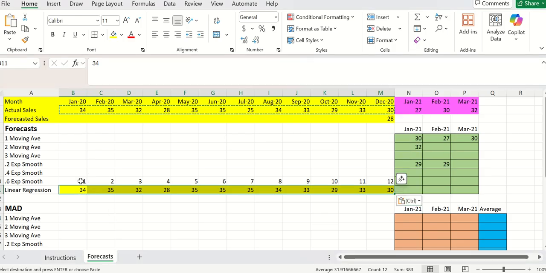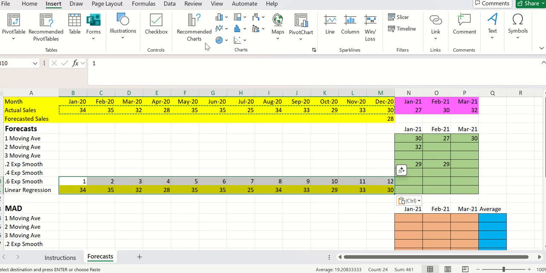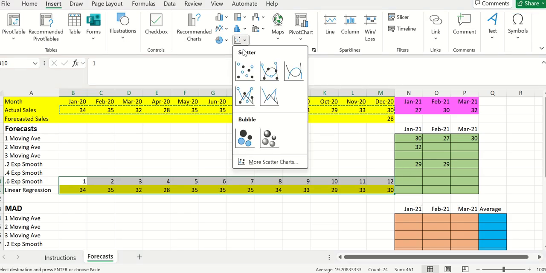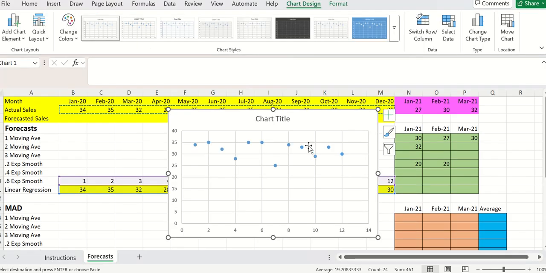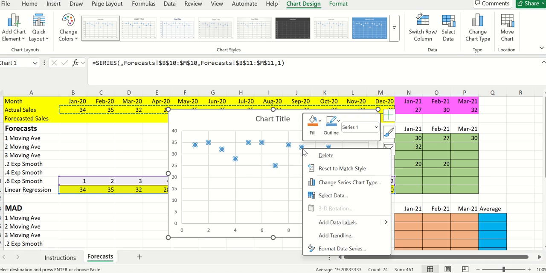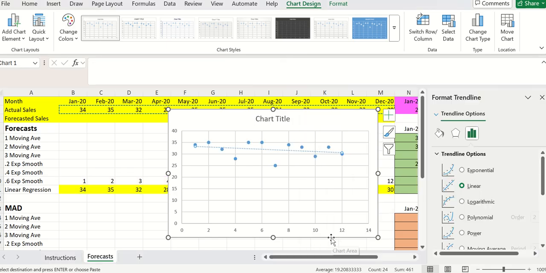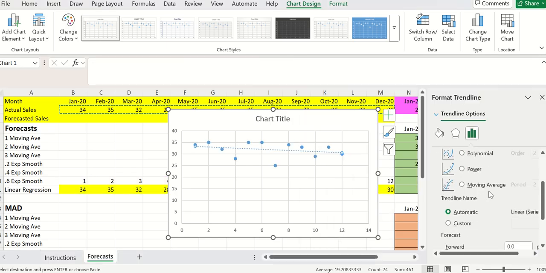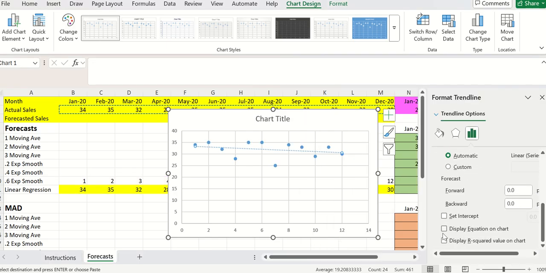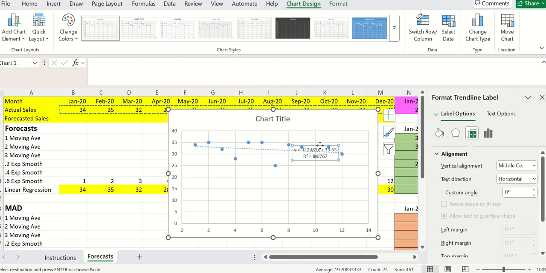And now I can insert a scatter plot. Once I do the scatter plot, if I right click on any of the data, I can add a trend line. I want it to be linear. I want to display the equation on the chart, and I want to display the R-squared value. Bring these up. Okay.